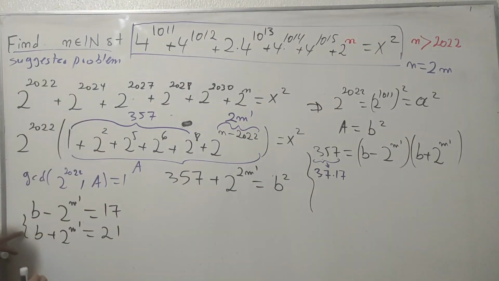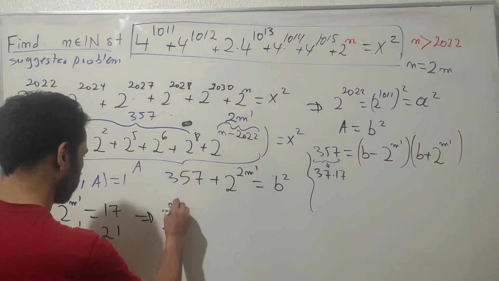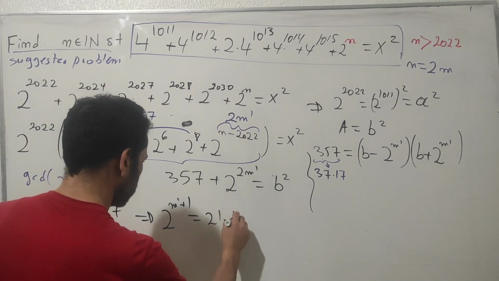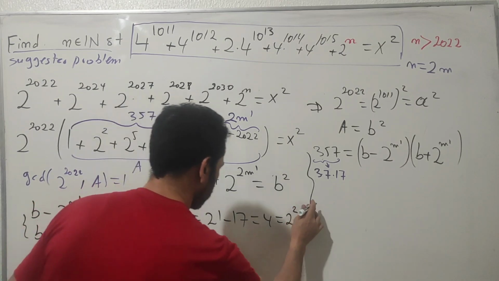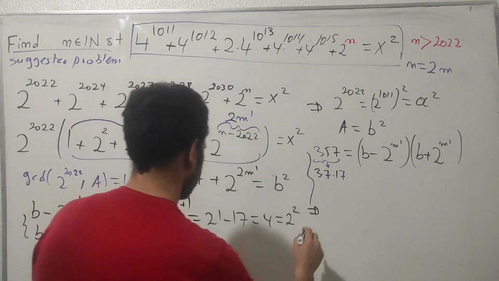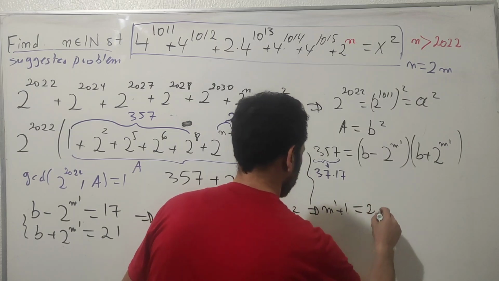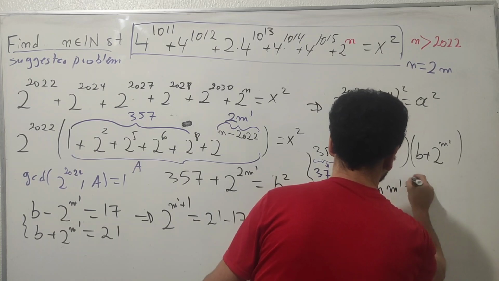Subtracting this equation from that one, we get 2 to the m prime plus 1, which equals 21 minus 17, which equals 4, which equals 2 squared. Thus m prime plus 1 equals 2. Finally, m prime equals 1.